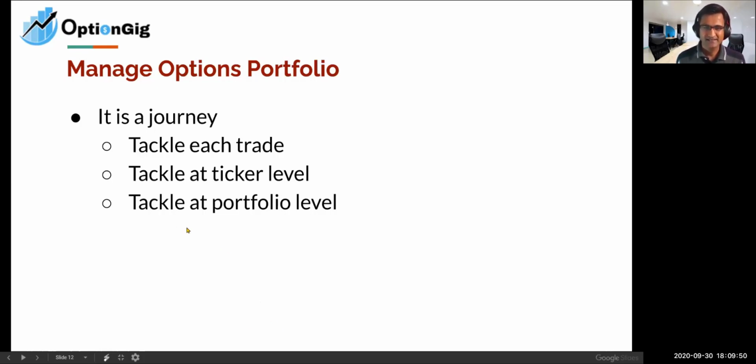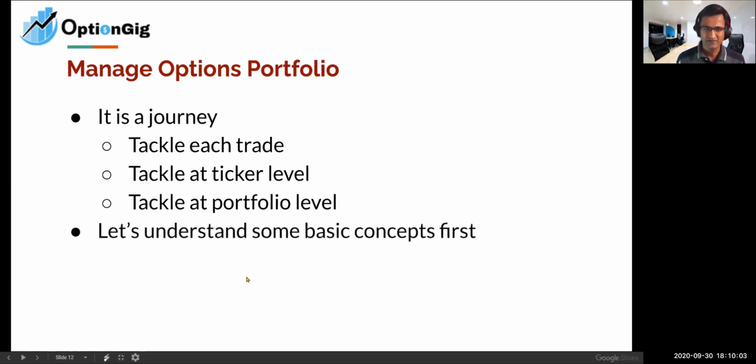So this is the journey, and like I said, this is the last bootcamp session. So we want to make sure we discuss how to eventually move from a trade all the way to portfolio level. How to stop focusing on individual trees and start looking at the forest as a whole.